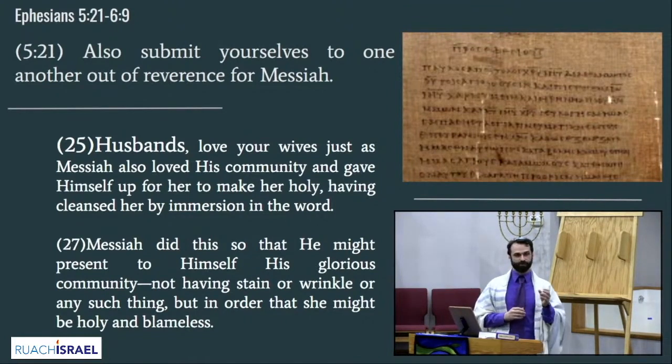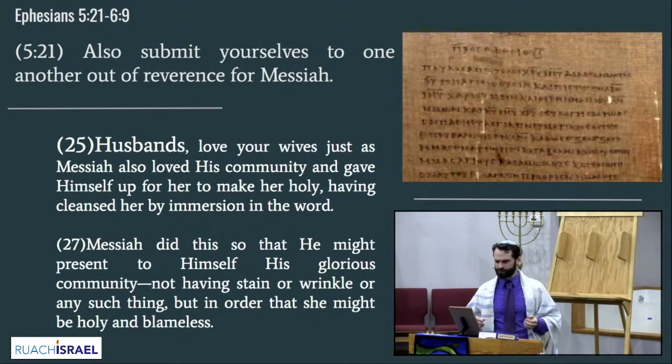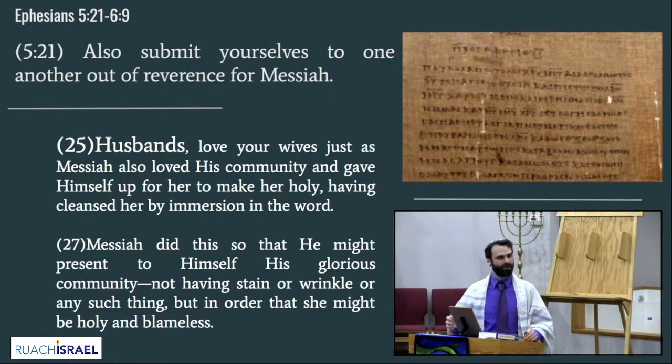Verse 25, husbands, love your wives, just as Messiah also loved his community and gave himself up for her to make her holy, having cleansed her by immersion in the word. Messiah did this so that he might present himself, his glorious community, not having stain or wrinkle or any such thing, but in order that she might be holy and blameless.